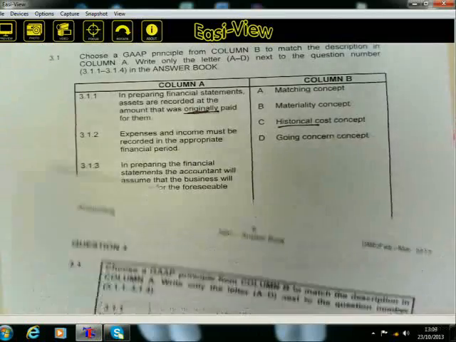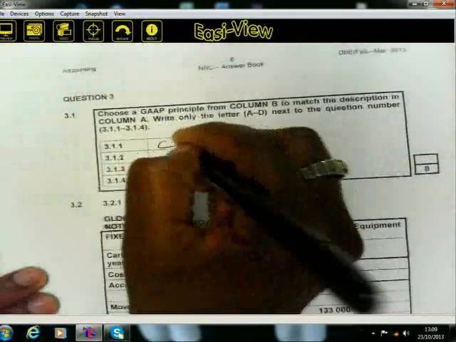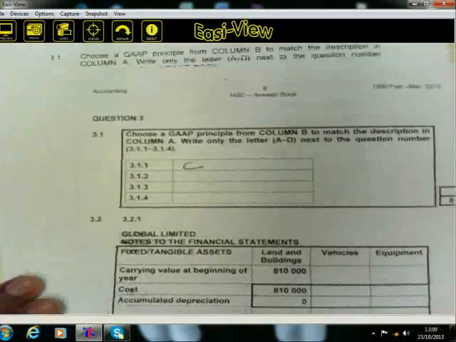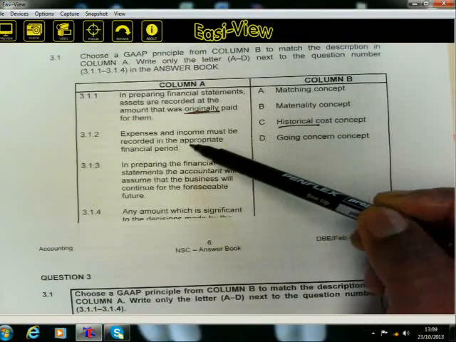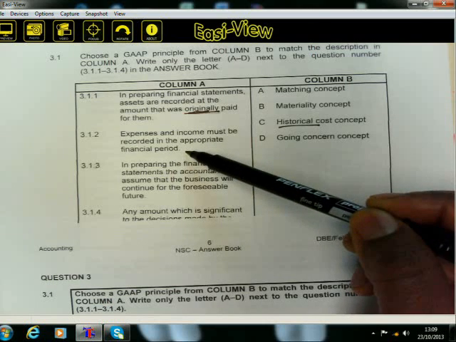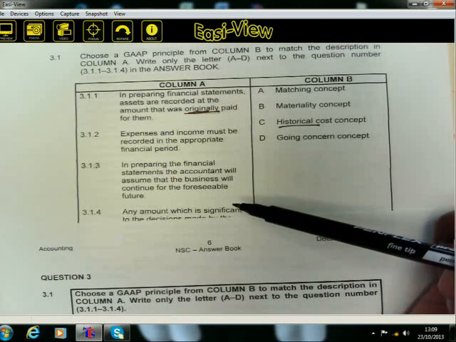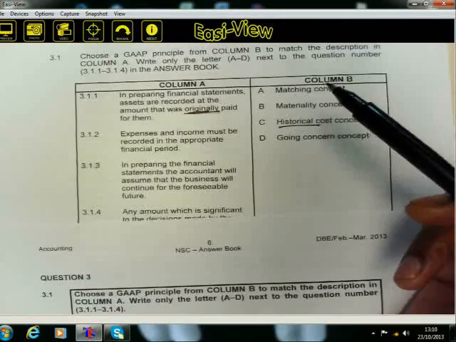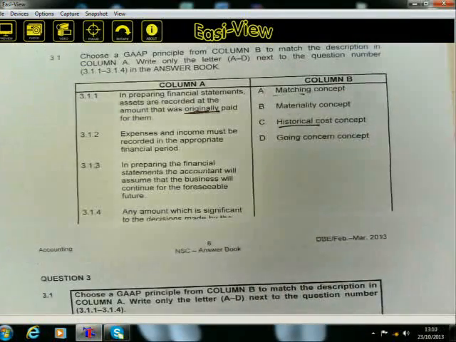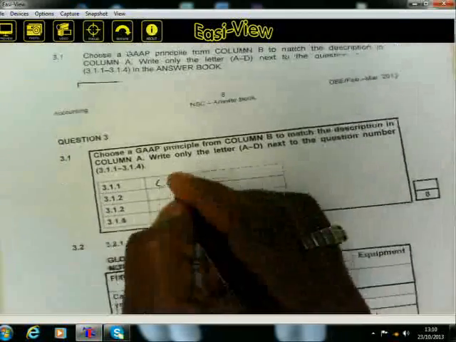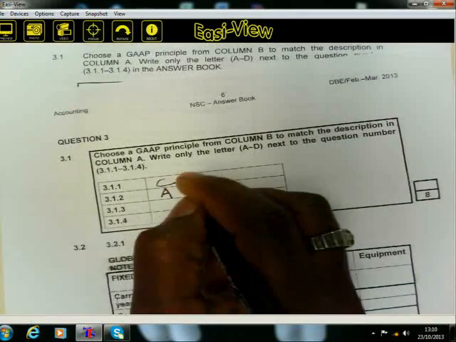So the correct answer in that instance will be C. Then, expenses and income must be recorded in the appropriate financial period. We match the expense with the period. That will be the matching concept, and the correct answer will be A.